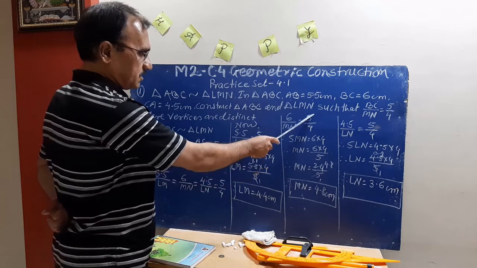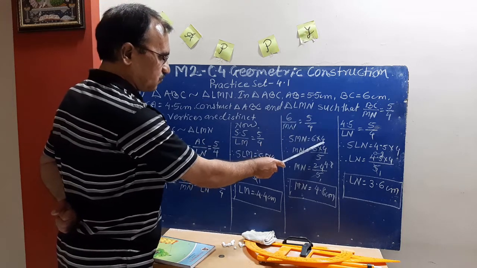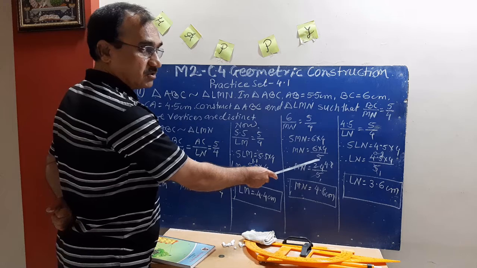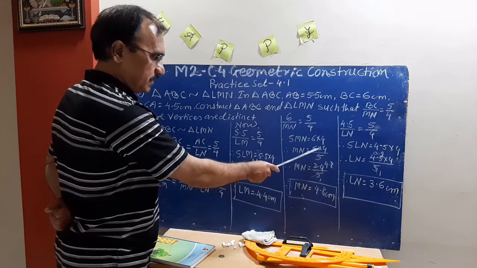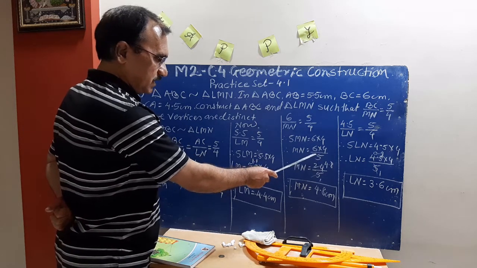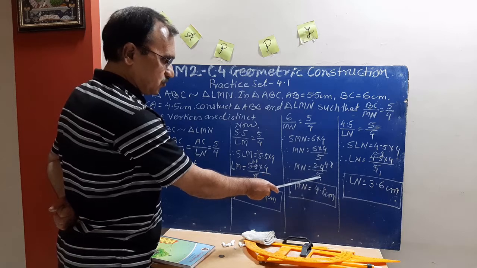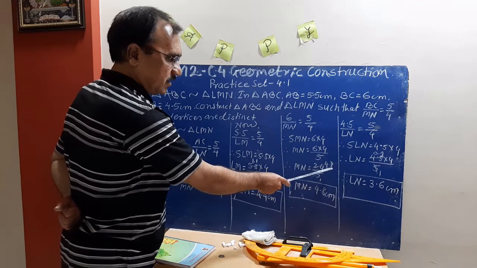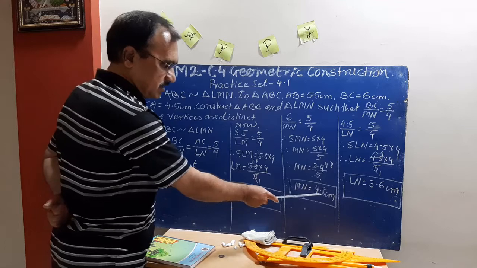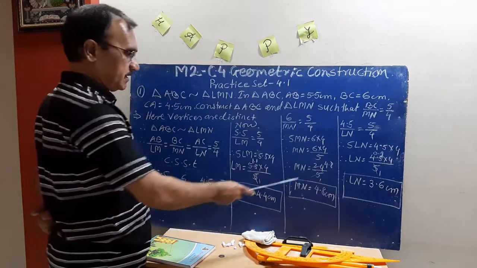Now take second ratio and last ratio, this one. After cross multiplication 5 MN is equal to 6 into 4. Take 5 on that side, it becomes divide. 6 into 4 upon 5, 6 4s are 24 upon 5, 5 4s are 20 and 5 8s are 40, that is MN is equal to 4.8 centimeter.